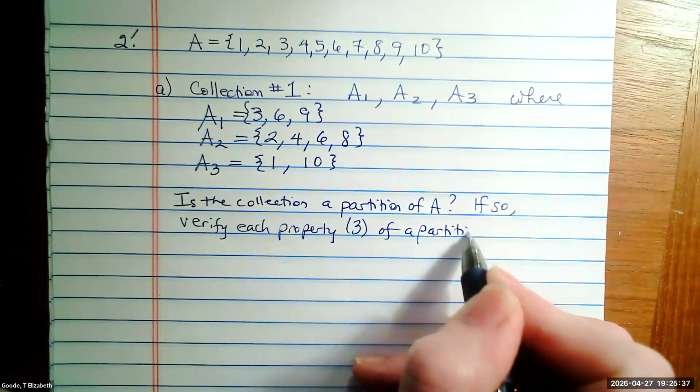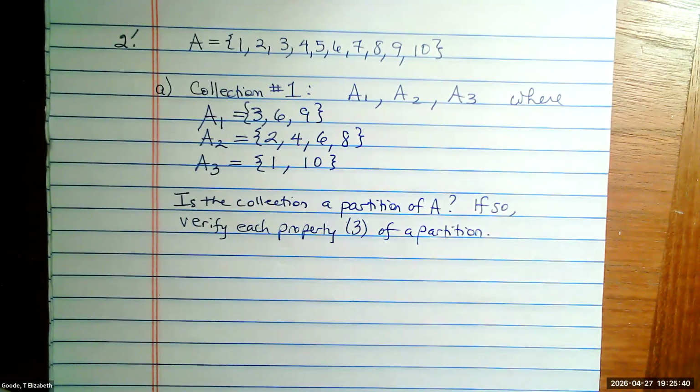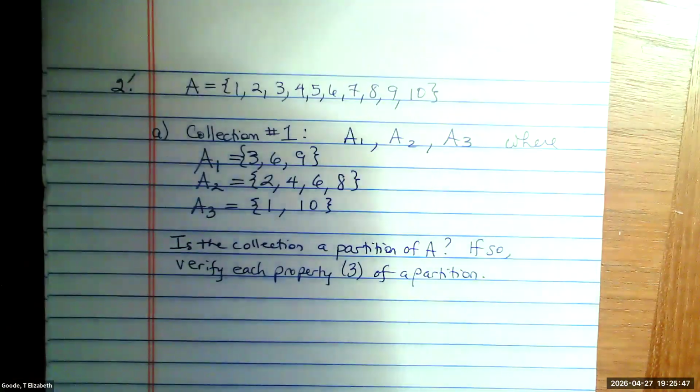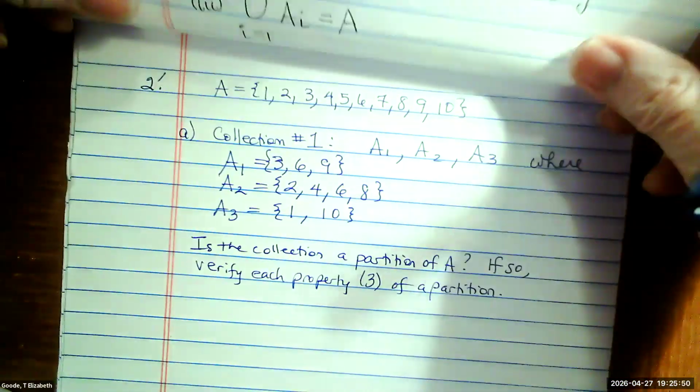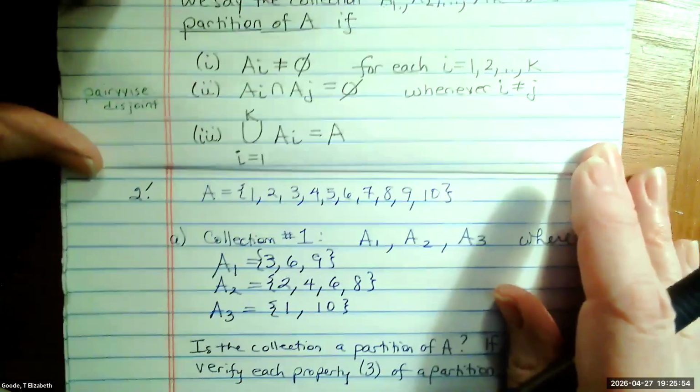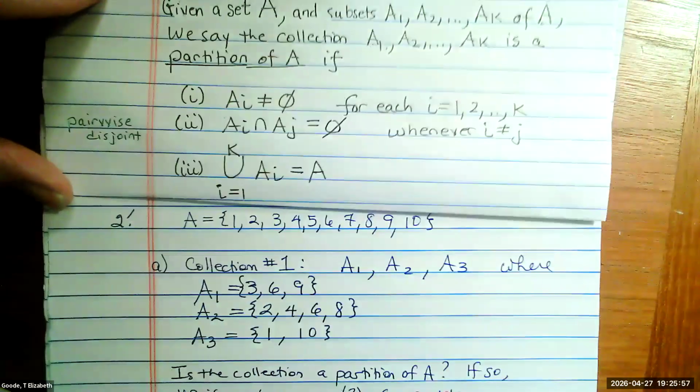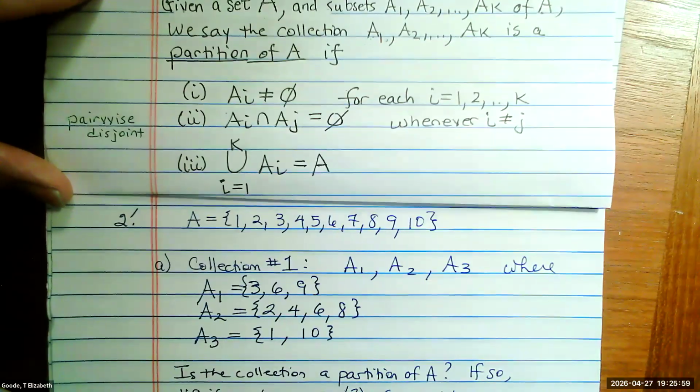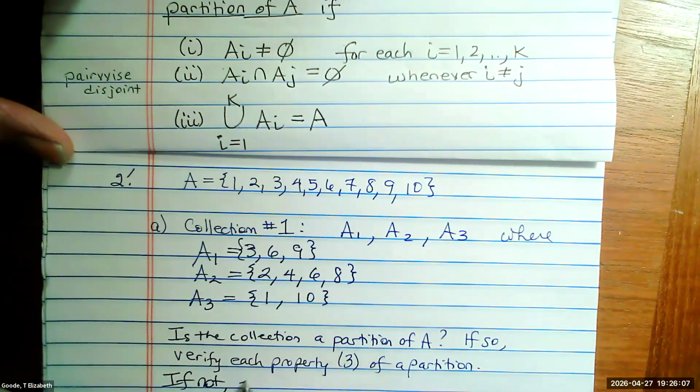They're in the notes, and I also wrote them last night in our office hour notes. Here are the 3 properties of a partition. And if not, explain why some properties fail.